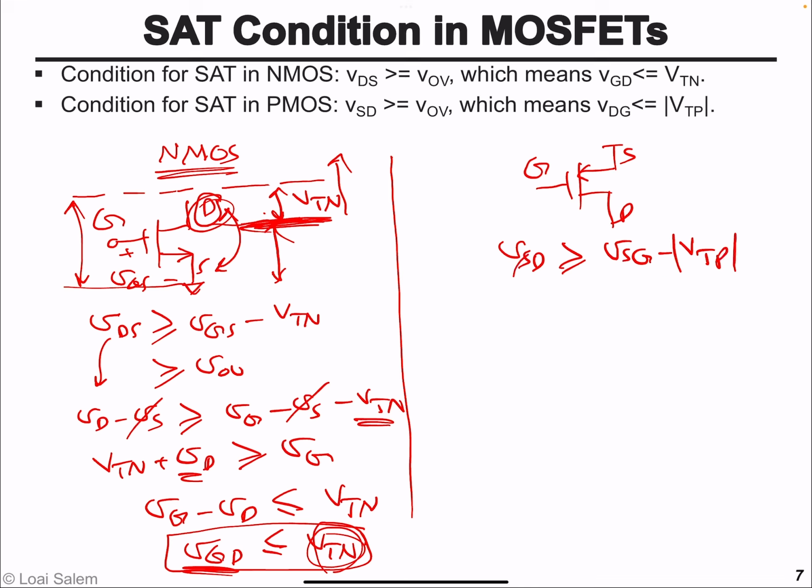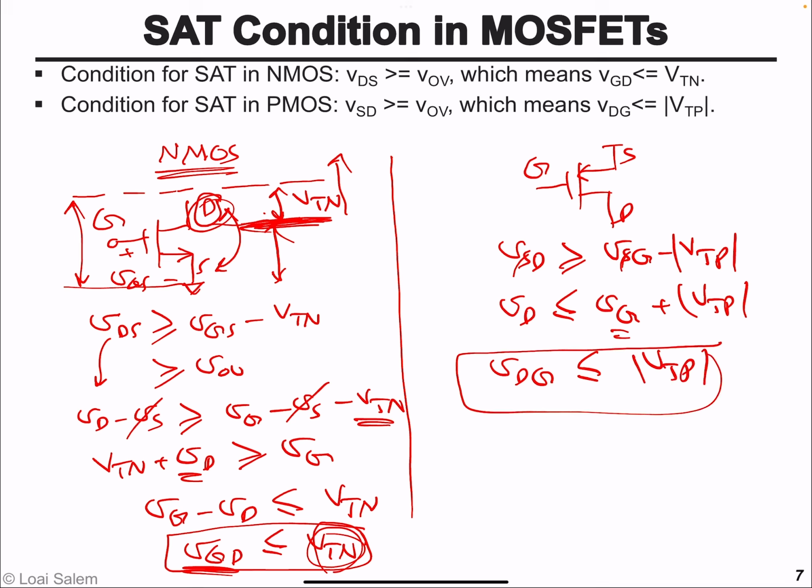Again, if we cancel S with S, and then multiply both sides by a minus sign, we have VD less than or equal to VG plus VTP. Then we subtract the gate voltage from both sides, so VDG is less than or equal to VTP. So basically the condition for saturation is that the drain to gate voltage must be less than one threshold voltage drop.